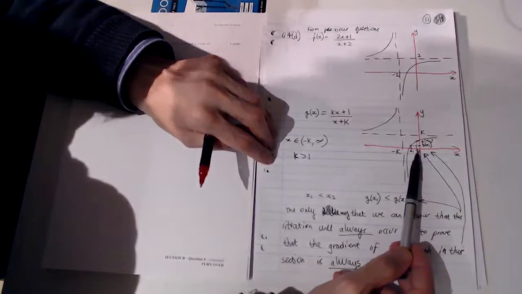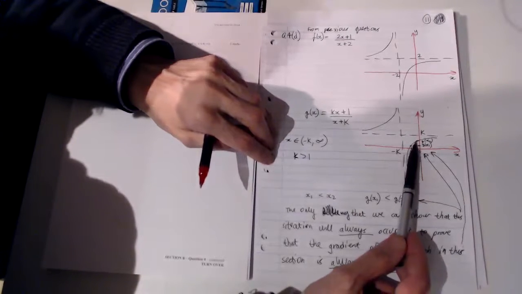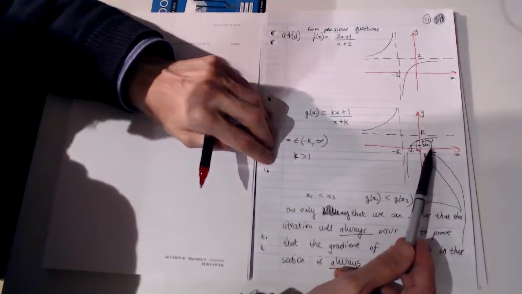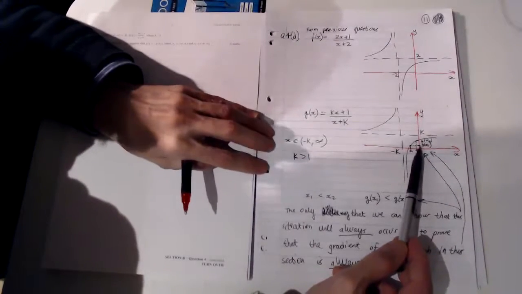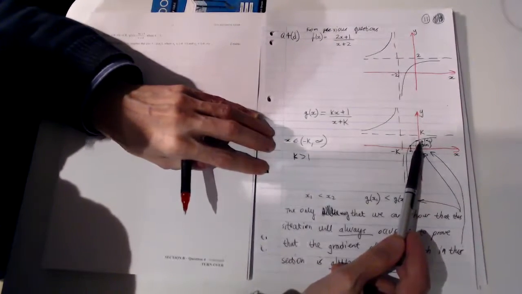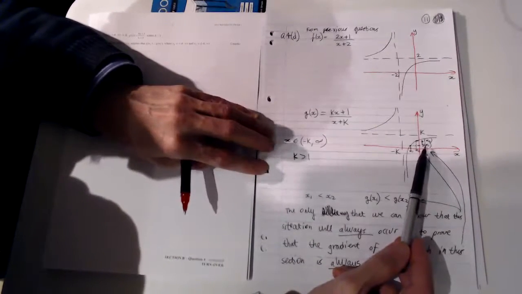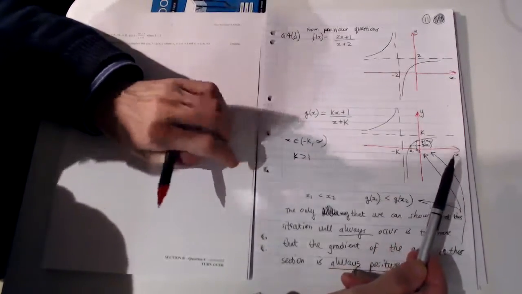And if that's x2, the corresponding g(x2) will be that. From the graph, you can see very clearly that g(x1) is less than g(x2). But in the question, they want you to prove that mathematically. How do you prove that mathematically?